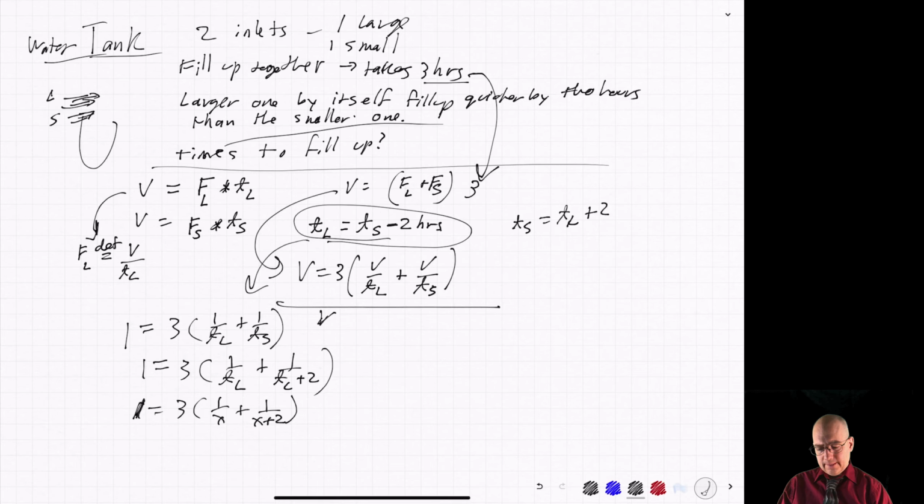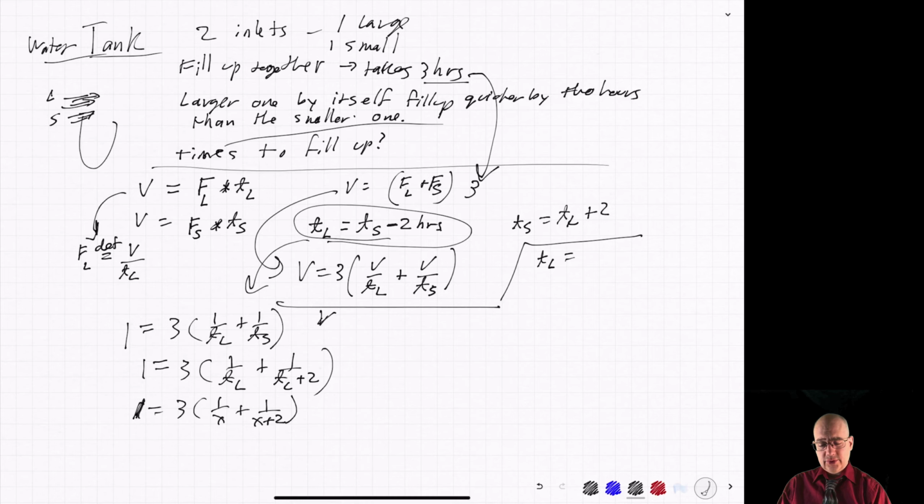And now, let's try some times. I guess I could have done this before, but 3 hours was the combined rate. So separately, the times are going to be longer.